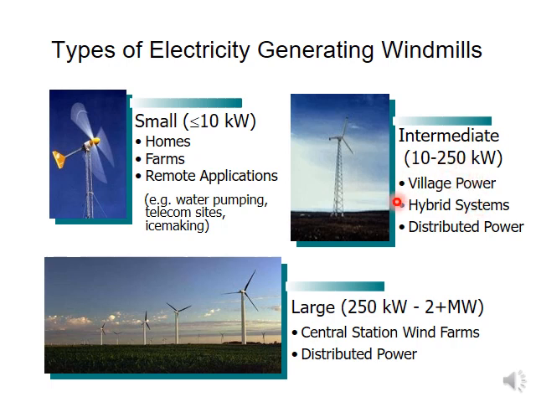Intermediate size windmills have capacity from 10 to 250 kilowatt and can be used for applications such as village power and distributed power. And large size windmills have capacity greater than 250 kilowatt, up to 2 plus megawatt.